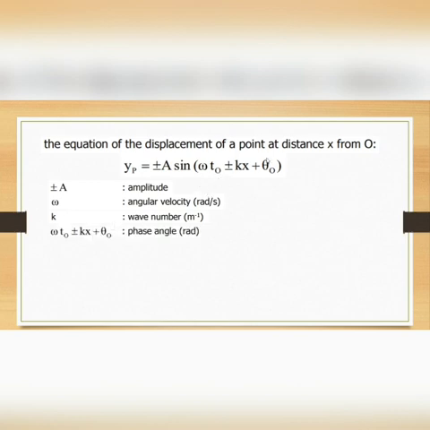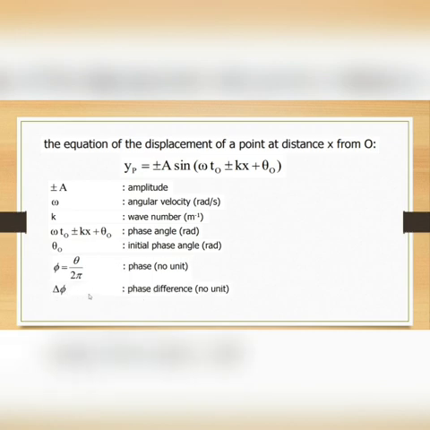So these quantities in brackets all show us the phase angle in radian, and theta 0 is the initial phase angle, also in radian. And I want to remind you that phi is equal to theta over 2 pi. It is called the phase with no unit. And delta phi is the phase difference, also no unit.